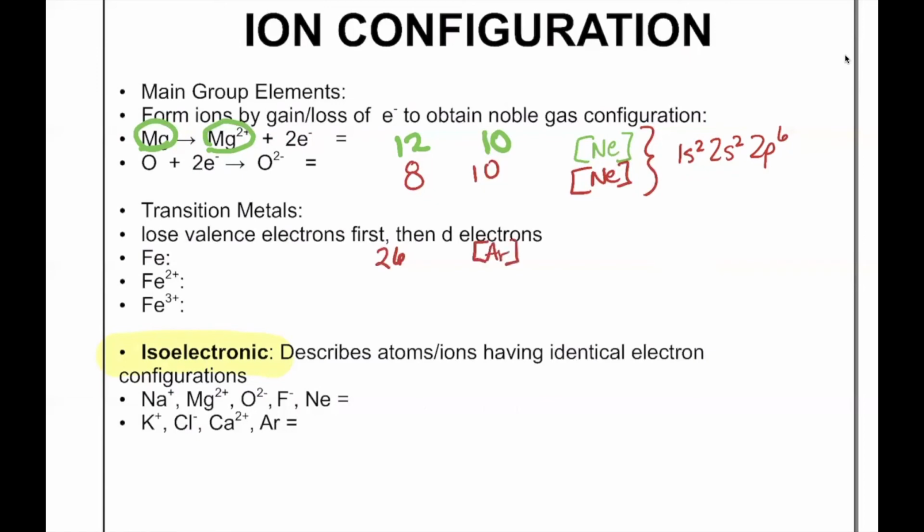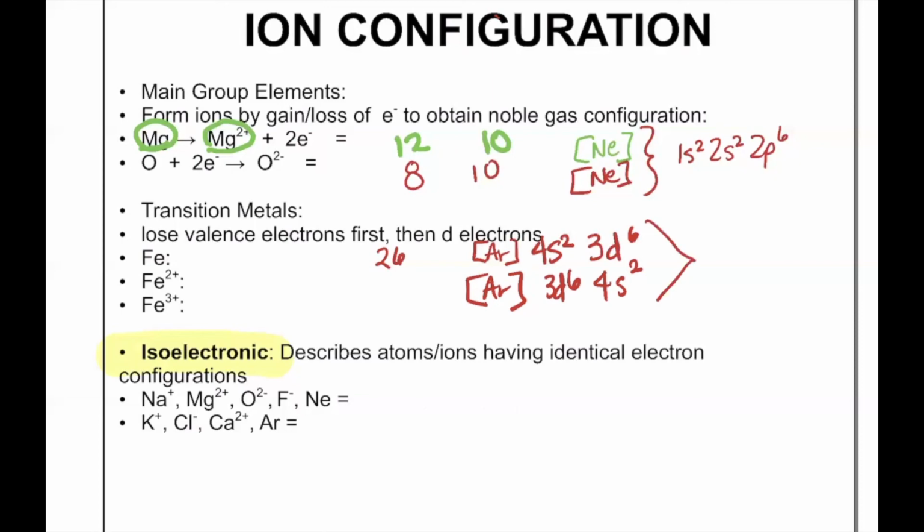And so once we have argon, we're going to look at period 4, and we're going to have 4s2 and then 3d6. It turns out because the 4s and the 3d energy levels are so close, sometimes this electron configuration is written this way. And I would accept either answer here for iron, uncharged.